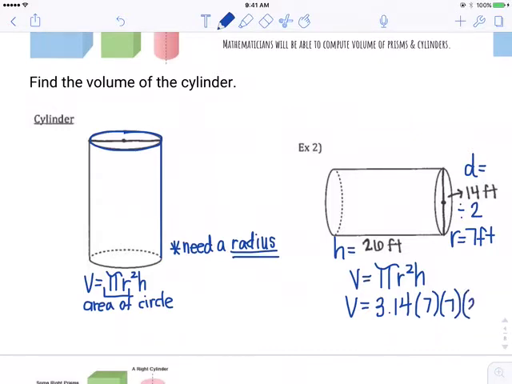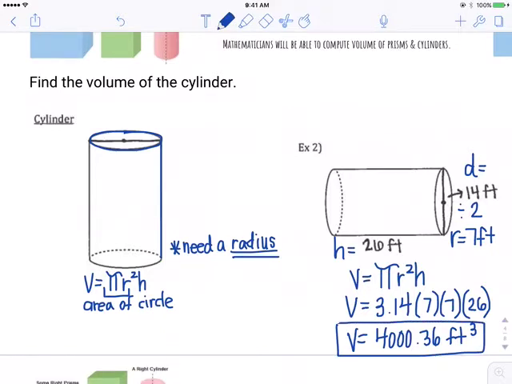And then I'm putting in my height of 26. You should be plugging this all into your calculator. So 3.14 times 7 times 7 times 26. And your final volume should be 4,036 feet and this is also cubed. So all volume measurements should be getting the feet cubed label.